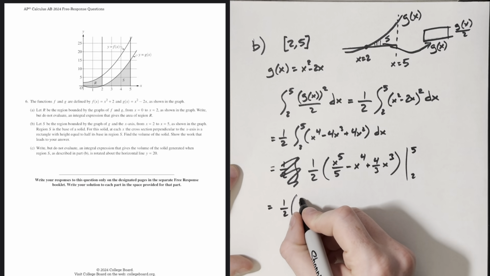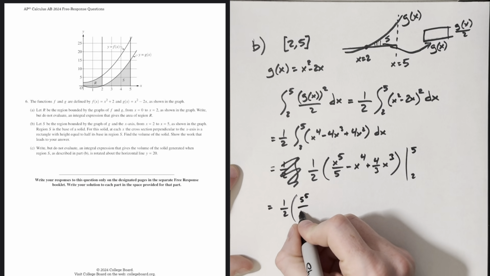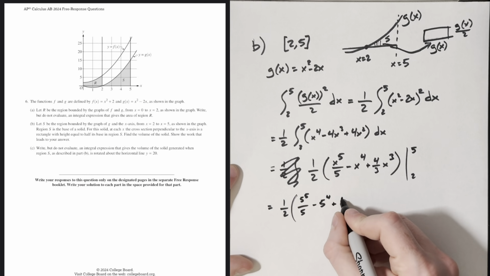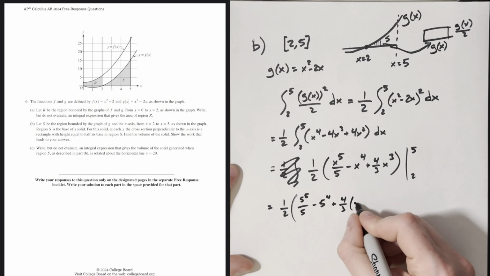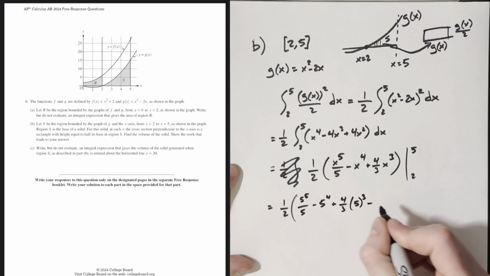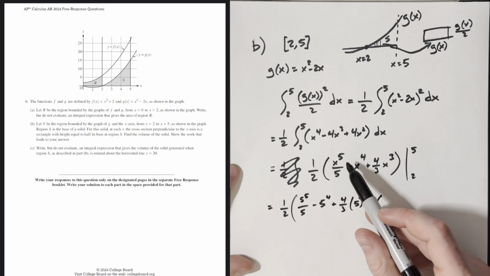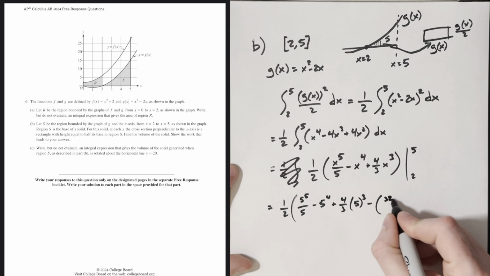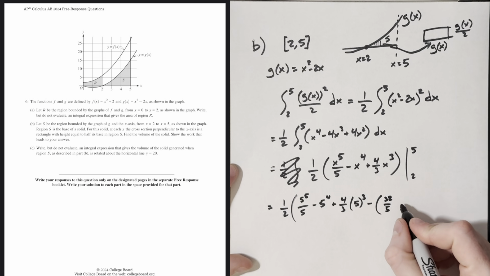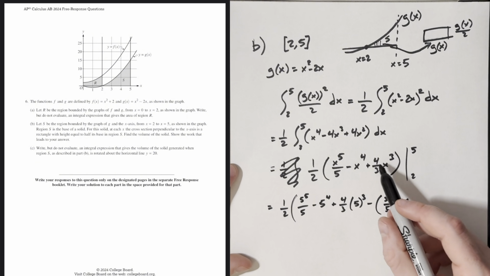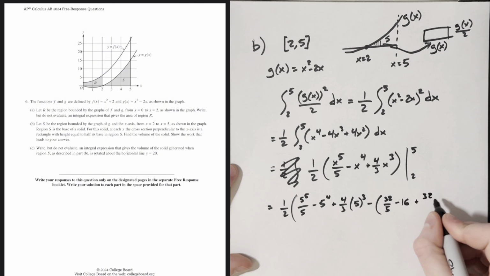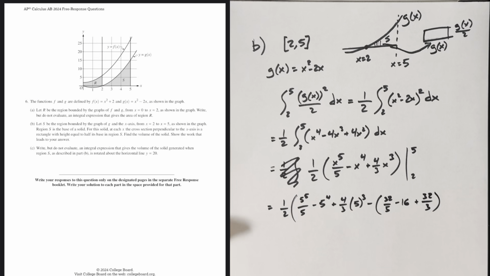When I plug in 5, we get 5 to the 5th power over 5 minus 5 to the 4th power plus 4/3 times 5 cubed, minus, when I plug in 2, I'll go ahead and evaluate this. 2 to the 5th power is 32. So minus 32 over 5 minus 2 to the 4th, which is 16, plus 4/3 times 2 cubed, which is 4/3 times 8, 32 over 3.